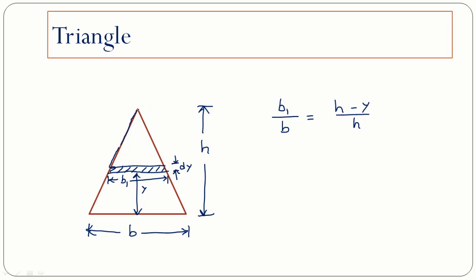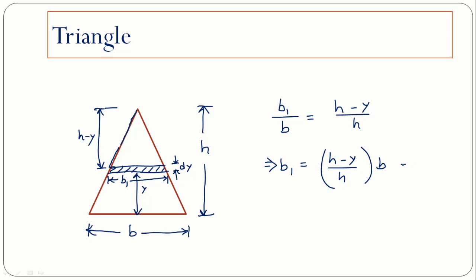So this height will become h minus y. So that is the reason we have considered h minus y by h here. Now from this, we can write b1 is equal to h minus y by h into b. So this can also be written as 1 minus y by h into b.